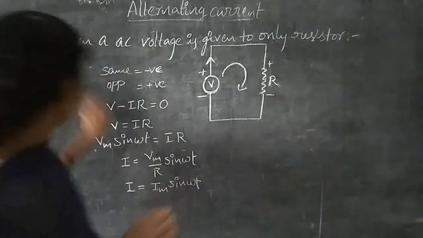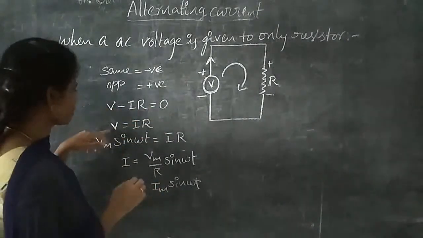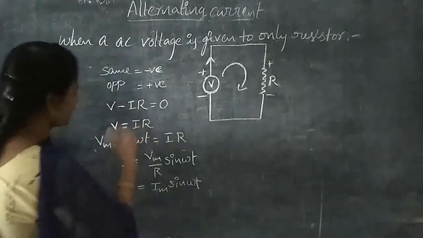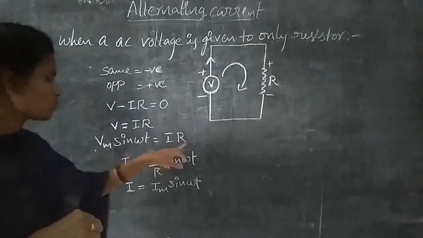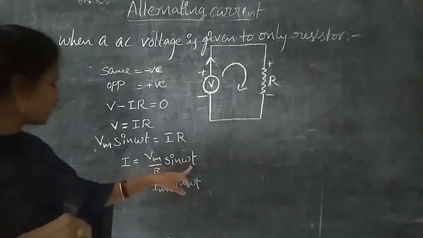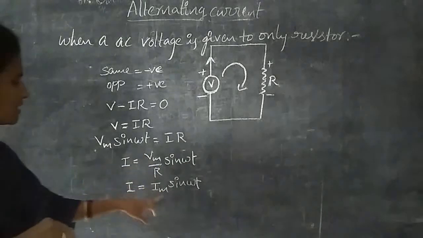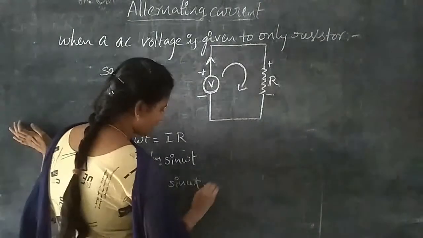This is the current. So here the potential drop is IR, V minus IR is equal to 0, and from this V is equal to IR. V is Vm sin omega t, equal to IR. So I is equal to Vm by R into sin omega t, and Vm by R is nothing but Im sin omega t.